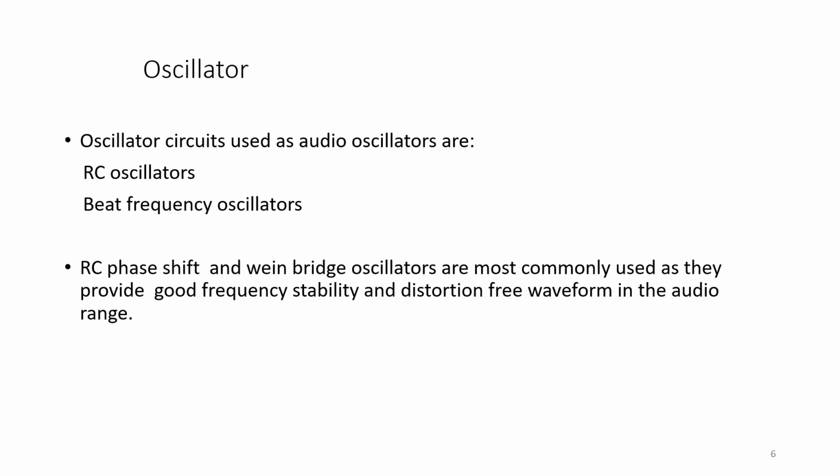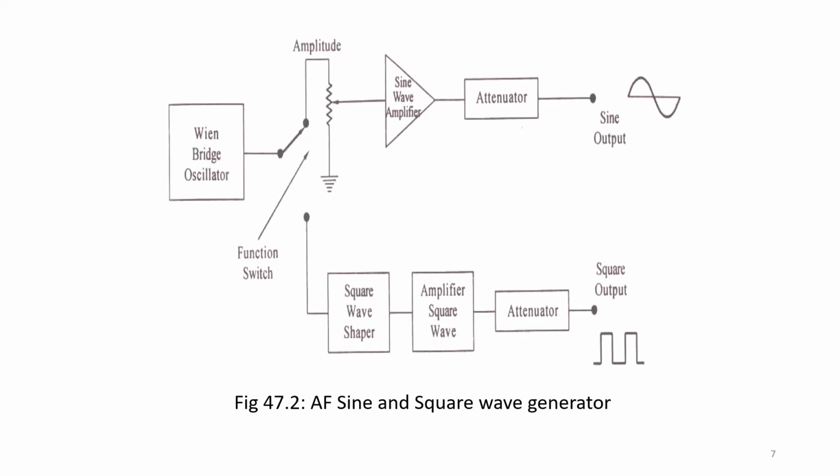The RC phase shift oscillator and the Wien bridge oscillator are the ones which generate the frequency in the audio frequency range. These are commonly used as they provide good frequency stability and distortion free waveforms in the audio range. So this is the block diagram of an audio frequency oscillator.